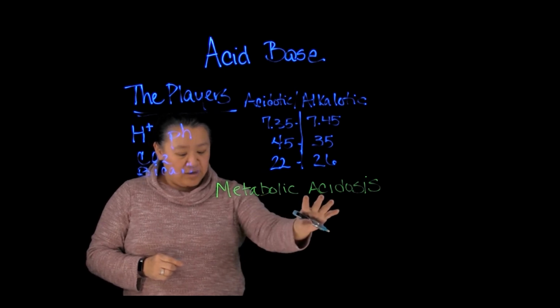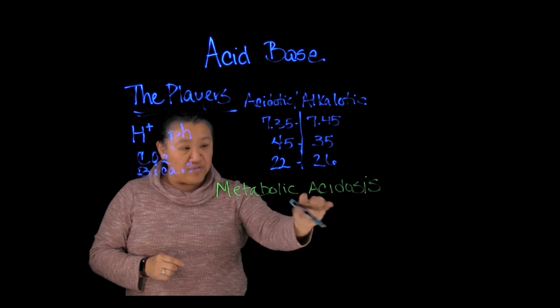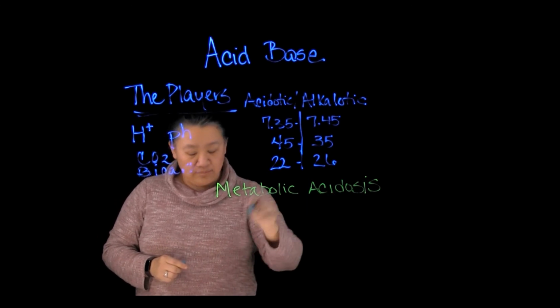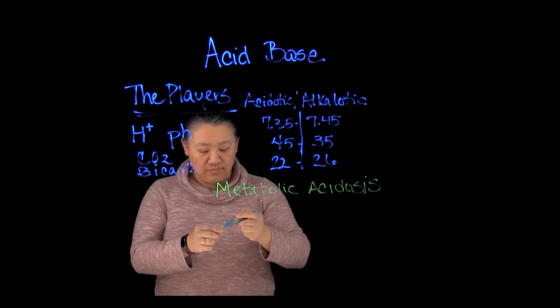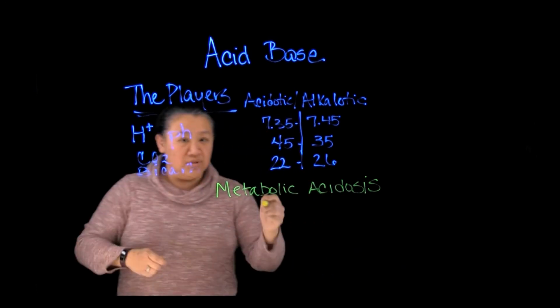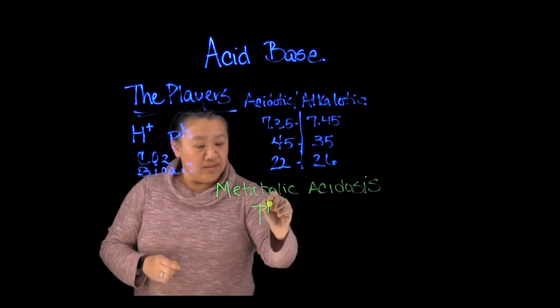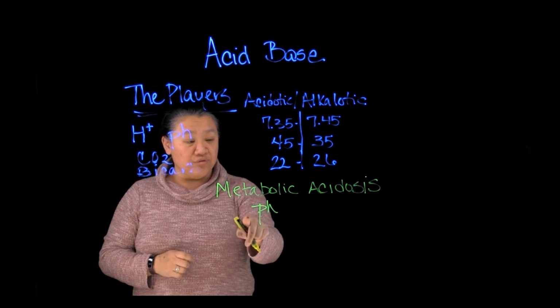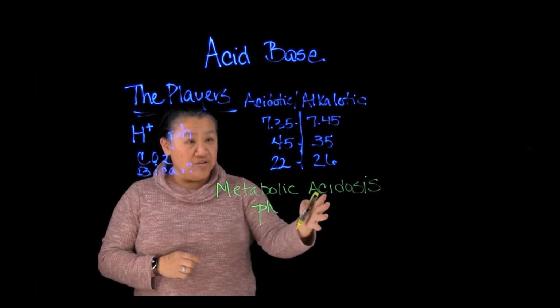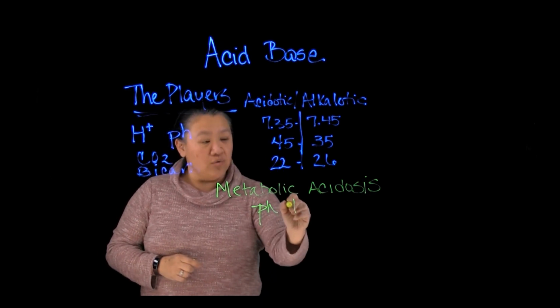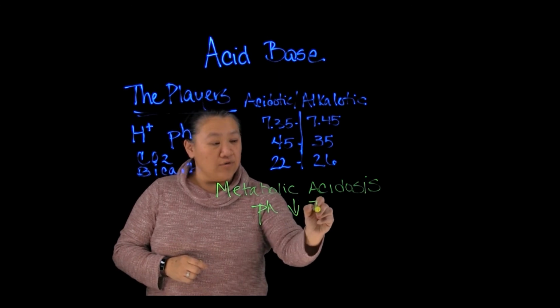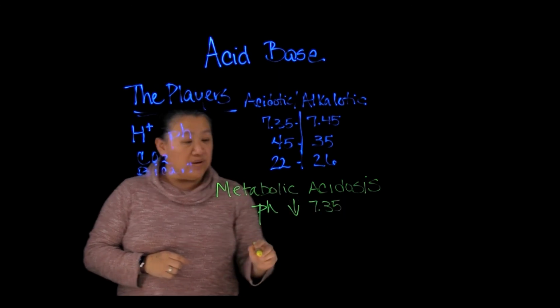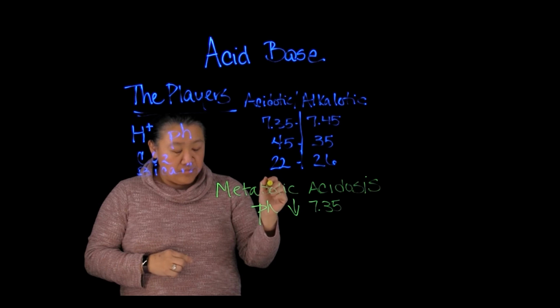When it's acidotic, first things first, you look at pH. So for example, pH is usually the first determinant, right? If you're acidotic, then your pH is low, somewhere around below 7.35, right? And what does that mean?